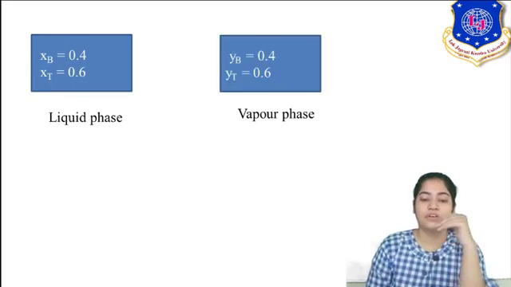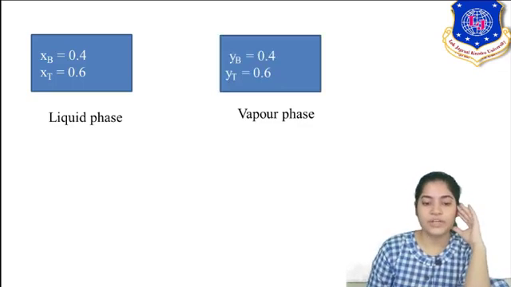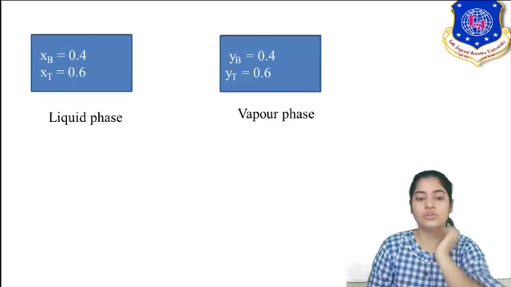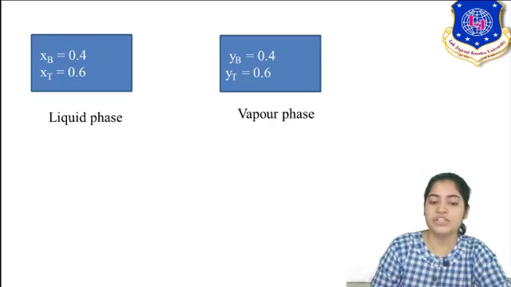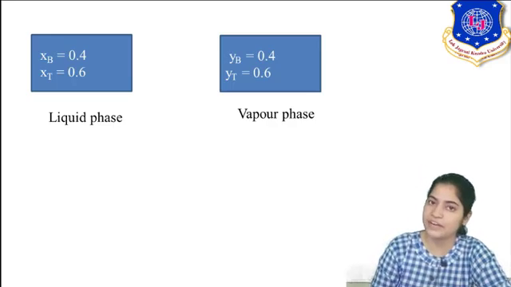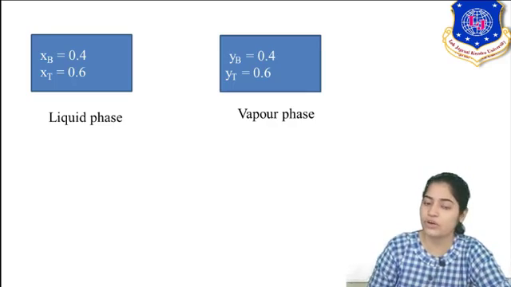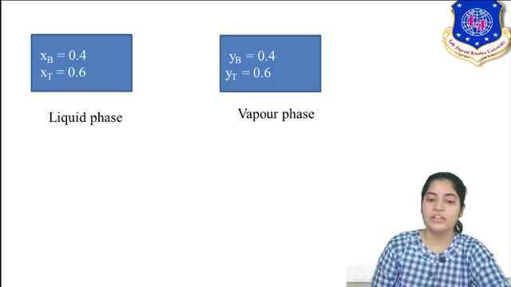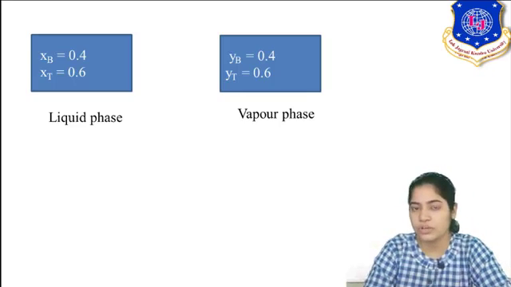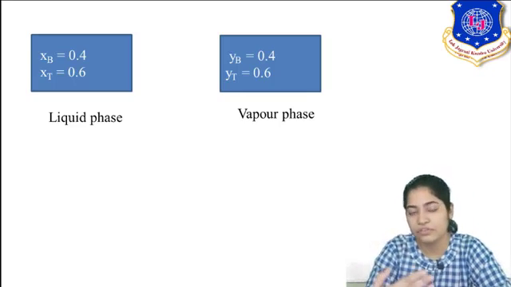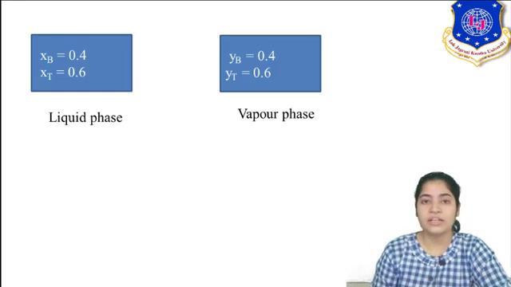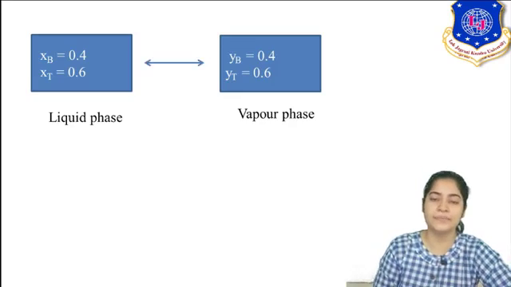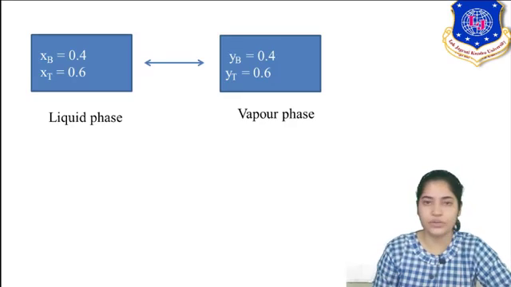Now in a closed system, how do we start our experiment for the VLE? In a closed system that is initially in liquid phase, I have defined the benzene and toluene composition as 0.4 and 0.6. Benzene is 0.4 and toluene is 0.6. Now it is a closed system. When I heat it, vaporization will start. Continuing with the closed system condition, on continuous heating, all the liquid will convert into vapor phase.